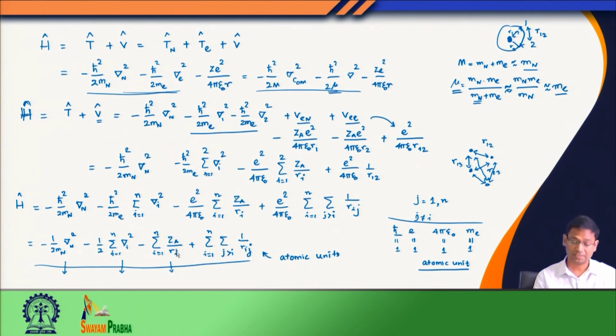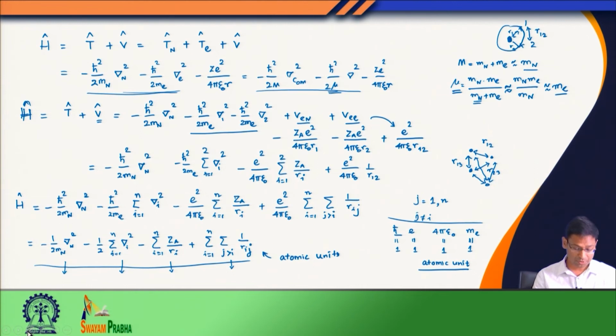So this term depends on one electron, and these terms depend on 2 electrons. So these are 2-electron operators, these are 1-electron operators, and this is a nuclear operator. This depends on the nuclear degree of freedom.